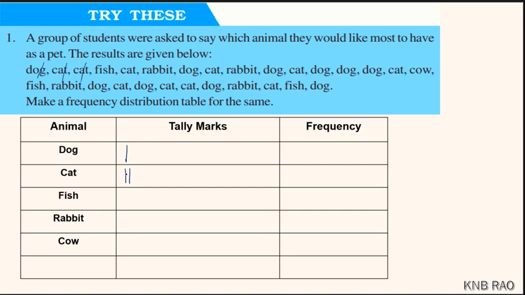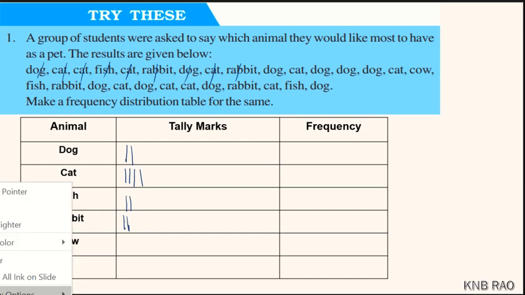So, cat is liked by 2 fellows here, first fish 1, cat third fellow, rabbit first fellow, dog second fellow, cat fourth fellow, rabbit, sorry, here it is supposed to come. Let me wipe out that which I drew for fish.